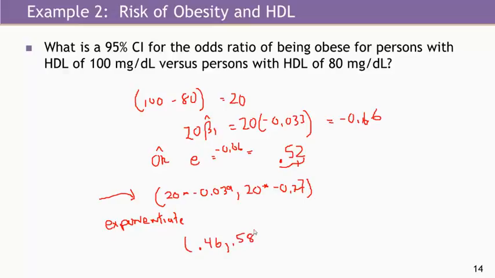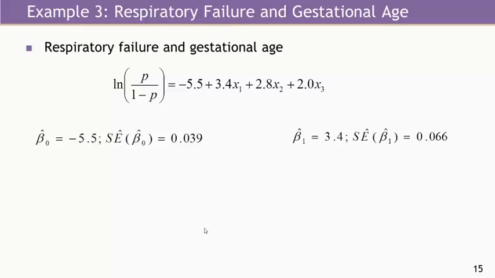So after accounting for the uncertainty in our estimate for the odds ratio of this comparison, we see that this 20 unit difference in HDL cholesterol levels is associated with a decrease of anywhere from 42% to 54% at the population level.